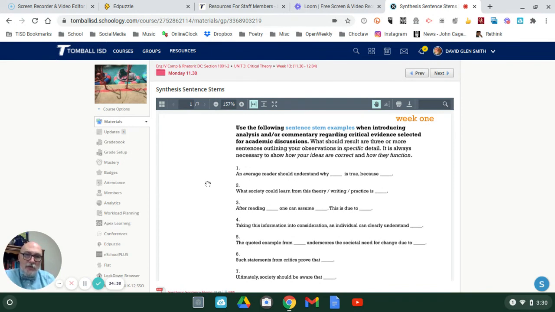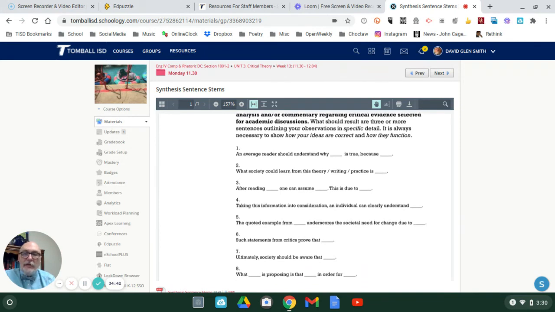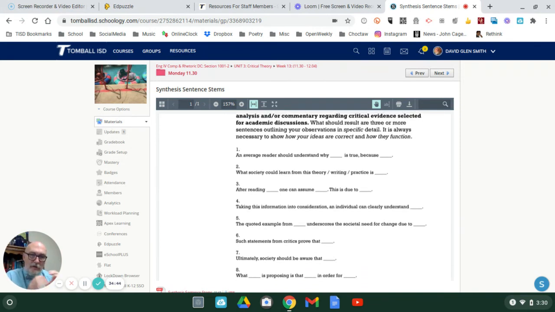What I've done, each one of these takes it up a notch, so to speak. And they can be modified and molded into something different. Number 5 is a good one. The quoted example from X underscores the societal need for change due to, and then you fill in the blanks.